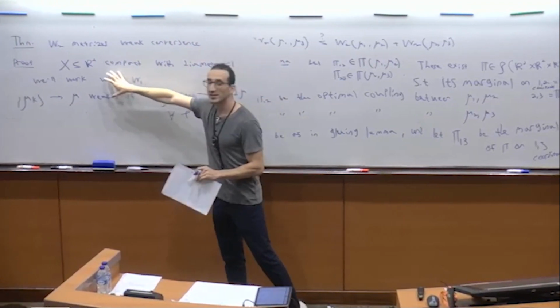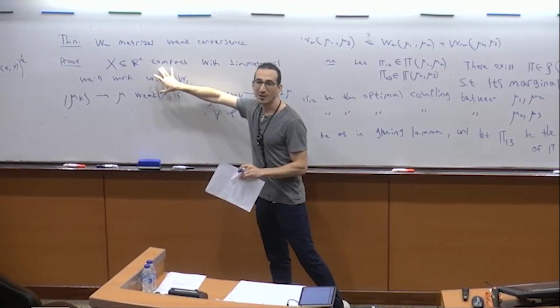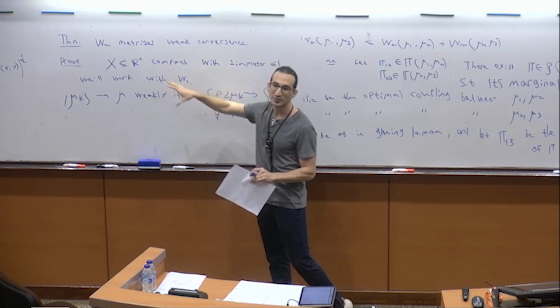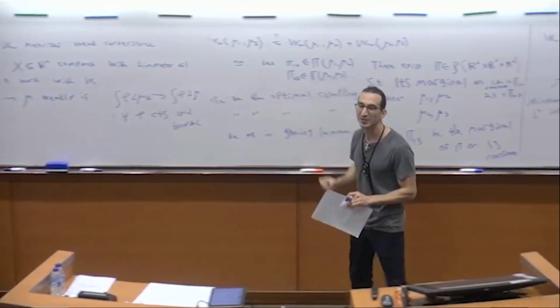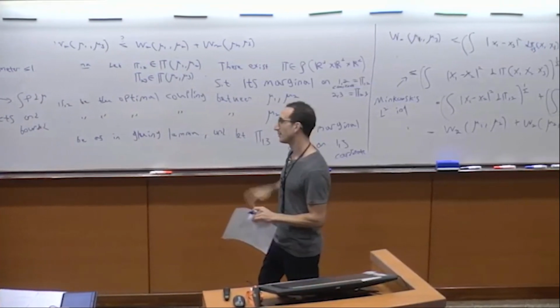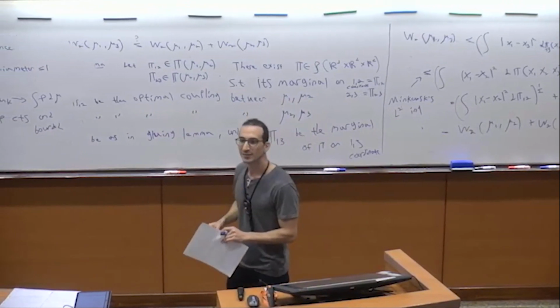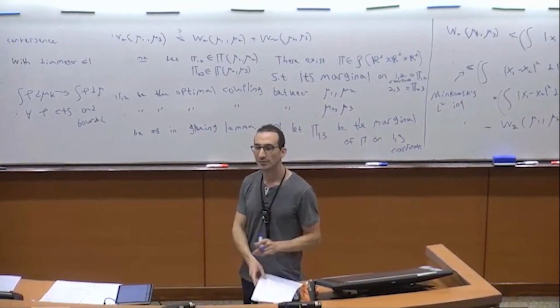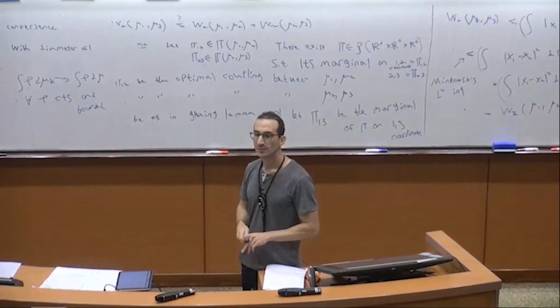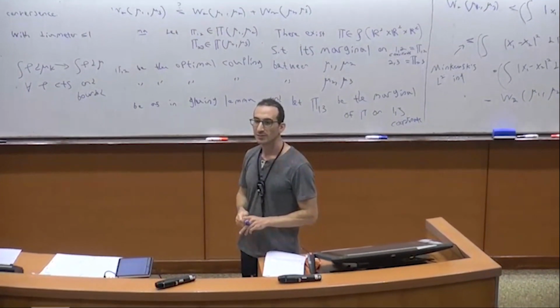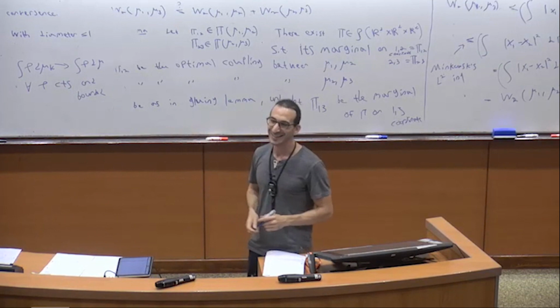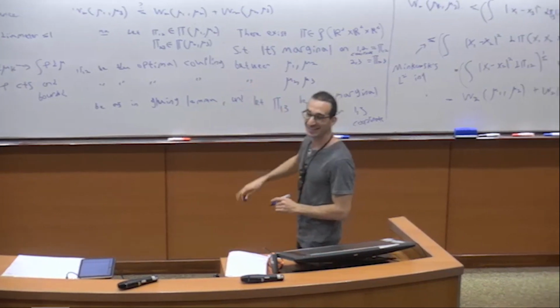But I made my life easier by taking X to be compact, and therefore I don't have to worry about it. But in general, that's an additional assumption that one has to make. This assumption also solves the difference between weak and... Yes. Okay. But we're not even going to get to that.